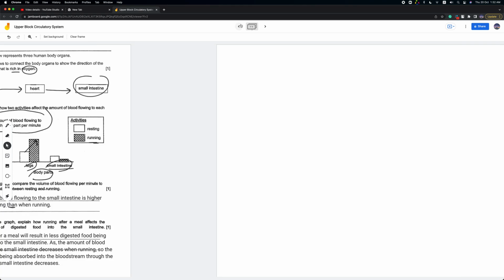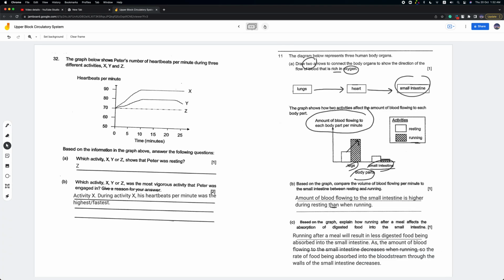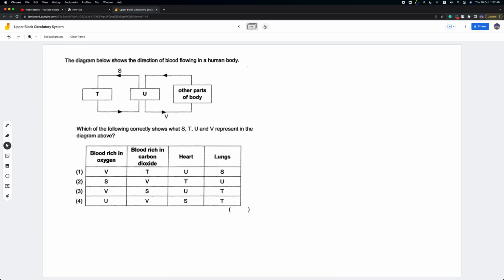These are the main types of questions that they usually ask, and I've covered the key phrases. Here is a simple question, the same type, blood rich in oxygen. We recap this, then we recap the whole lesson, and we are done. Other body parts always return to the heart.